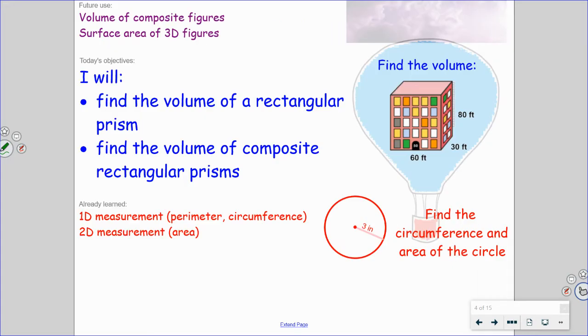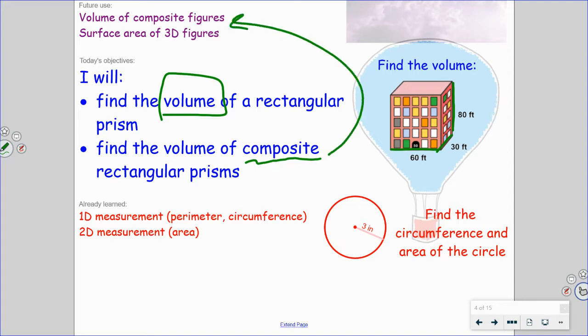Our objective for today is all about volume. Find the volume of a rectangular prism like this building over here that is 60 feet by 30 feet by 80 feet. Also, we're going to talk about composite figures, which is eventually where we're going. Many buildings, after all, are not perfectly rectangular prisms.